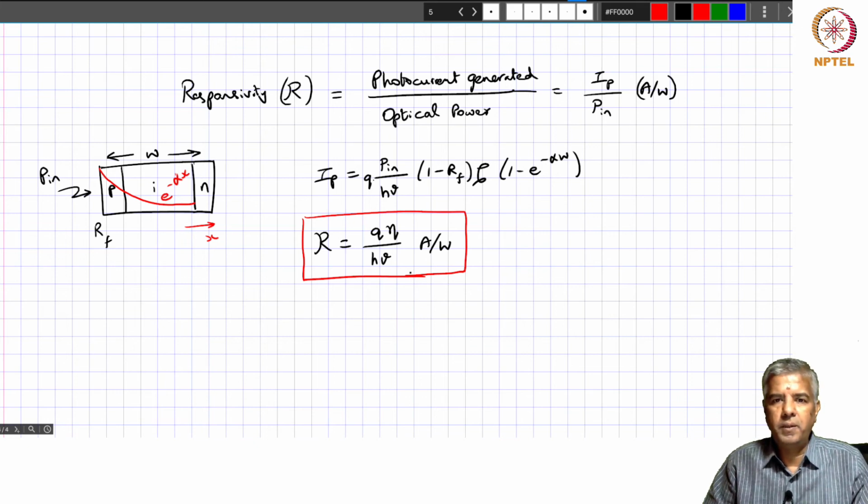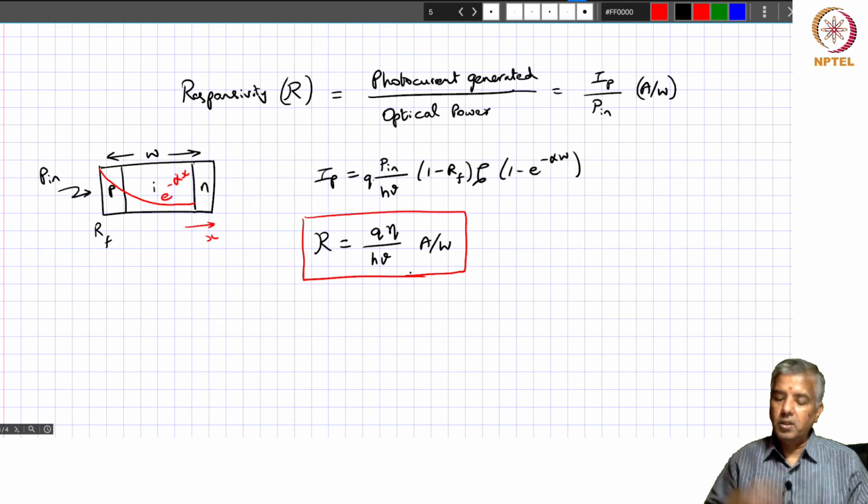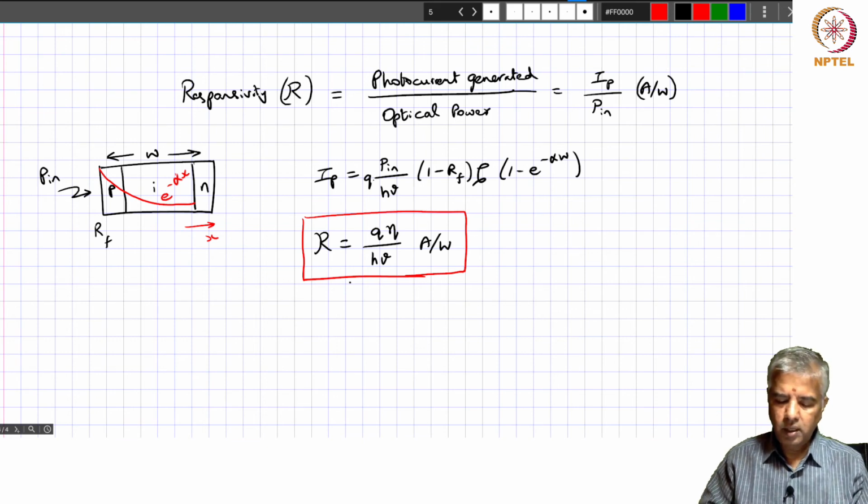And of course, in applications where you don't care too much about the fast response, you want to pick up signals that are just changing in the order of milliseconds or even seconds, then you don't worry about making W so small, so you can have a thicker width of this intrinsic region, and thereby you can achieve higher responsivity as well.